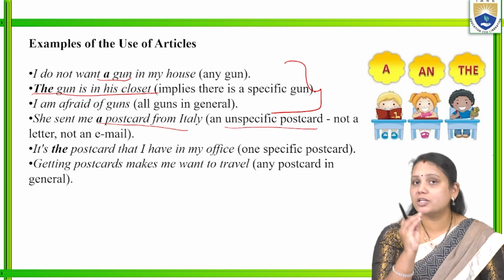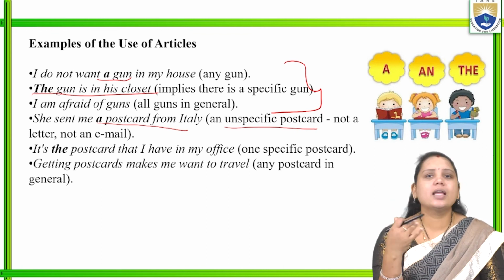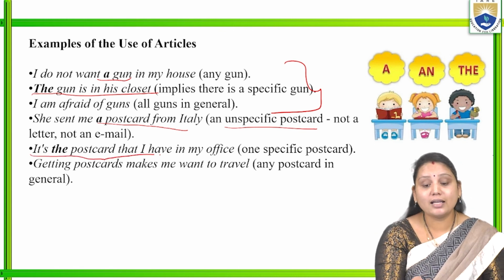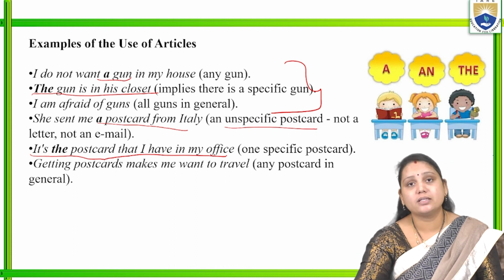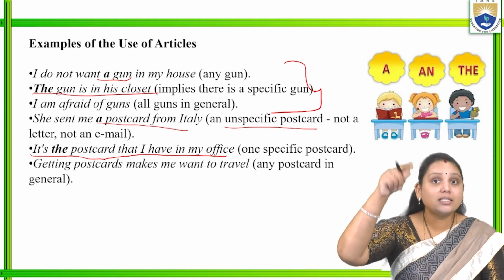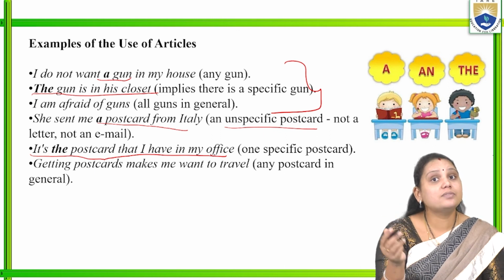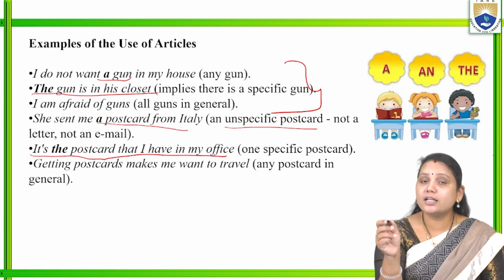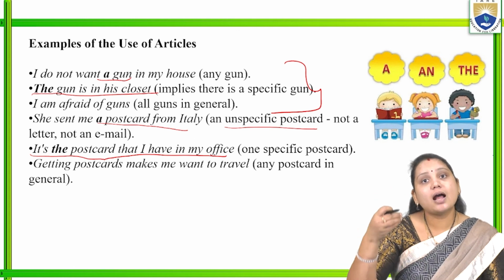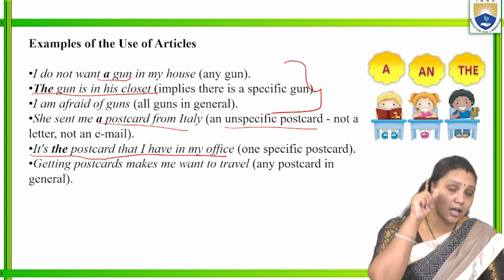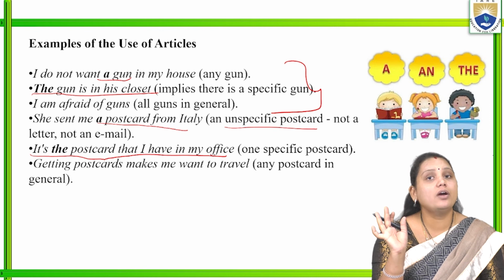You are not specifically mentioning what kind of postcard and all those details. A postcard can be any kind of postcard. Next, it is the postcard that I have in my office. That is, you have the postcard in your office which was sent to you. So in the second sentence you are referring to the postcard which was sent to you, while in the first sentence you said a postcard was sent to you. In the other sentence you are specifically mentioning the postcard which you have in your office.